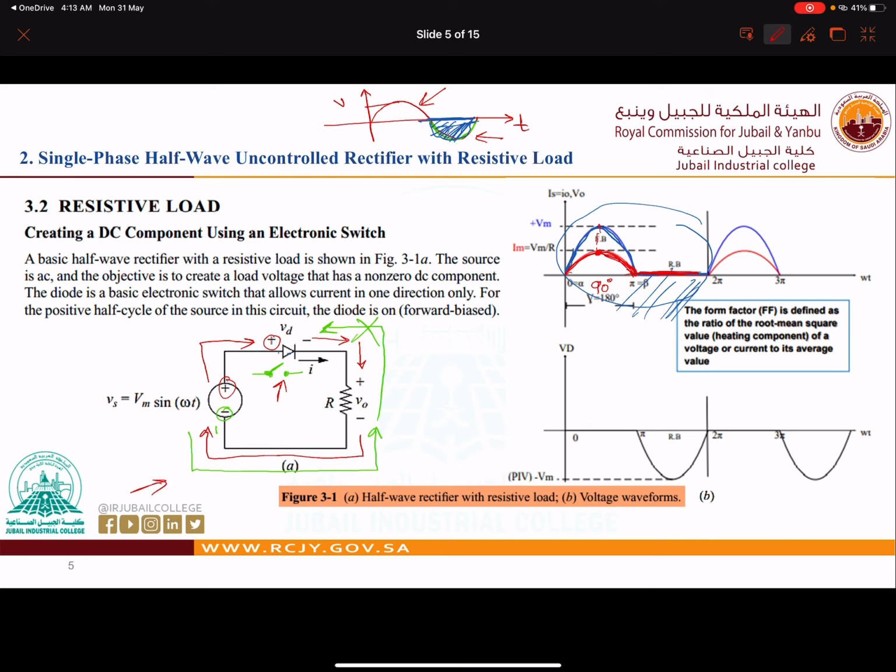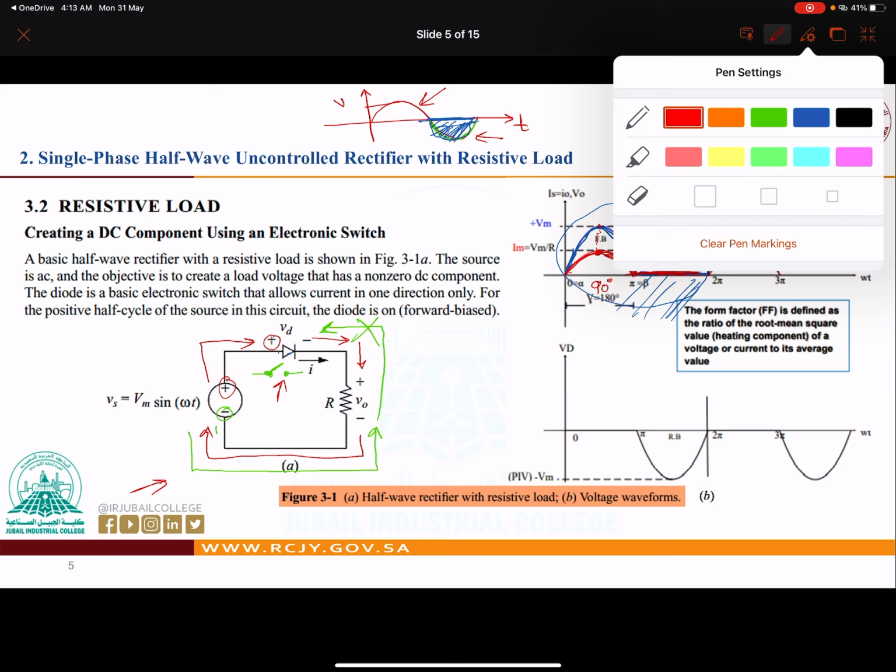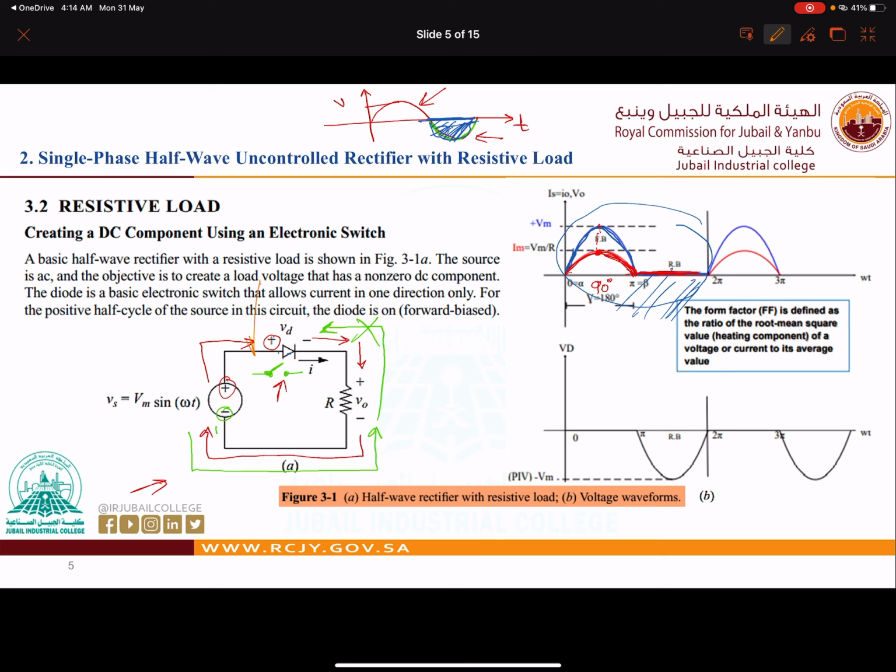Now in this circuit, as you can see, we have one diode, right? Now if I ask you in the exam, okay, what will be the voltage across the diode? What will be the voltage across the diode, right?